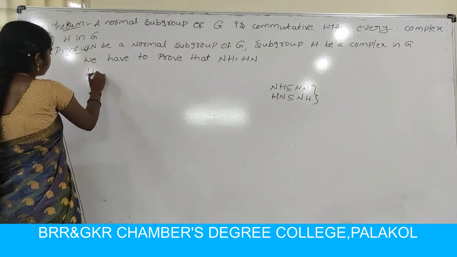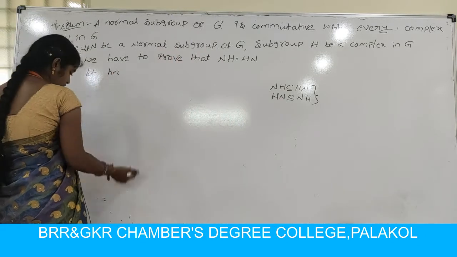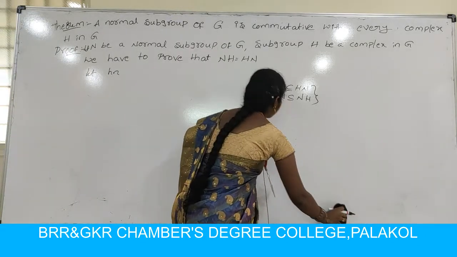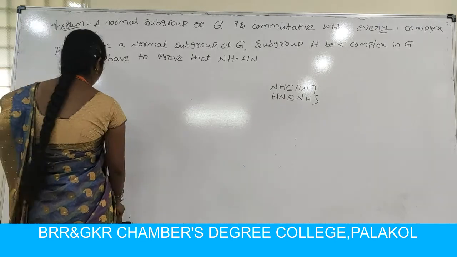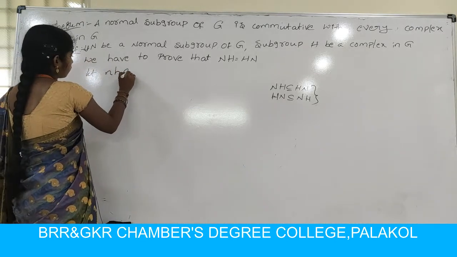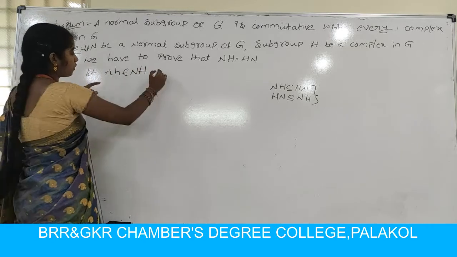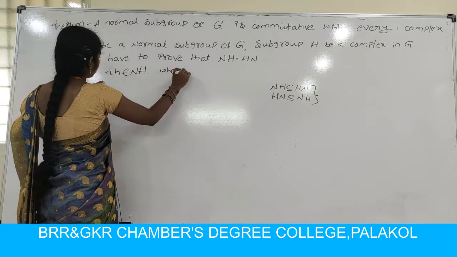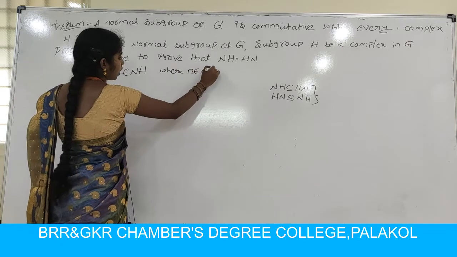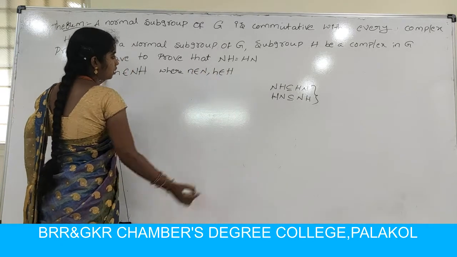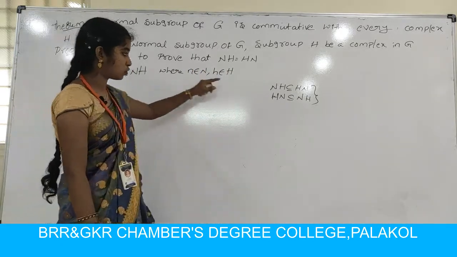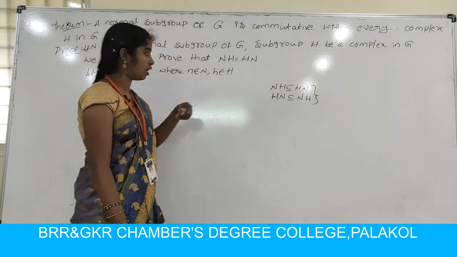So let nh belong to NH, where small n belongs to capital N and small h belongs to capital H. First we have to show that NH contains HN.